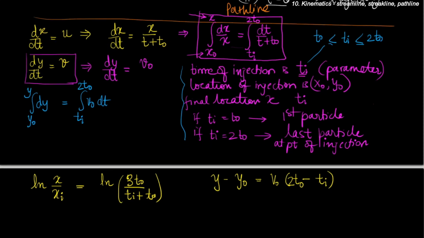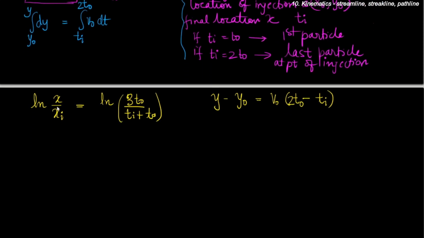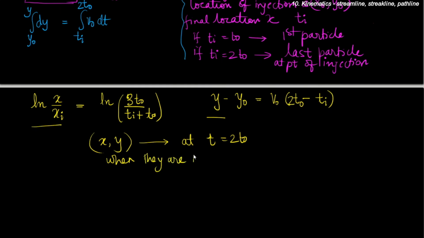Now we have the x location and y location at t equal to 2 t naught of the particle that was injected at x naught, y naught at some variable time ti.